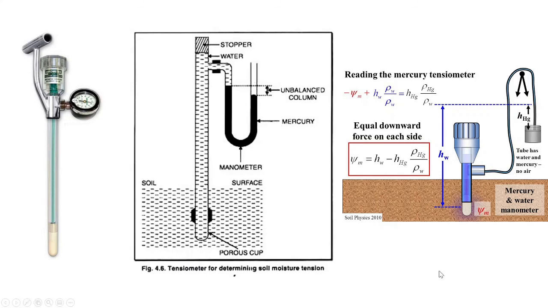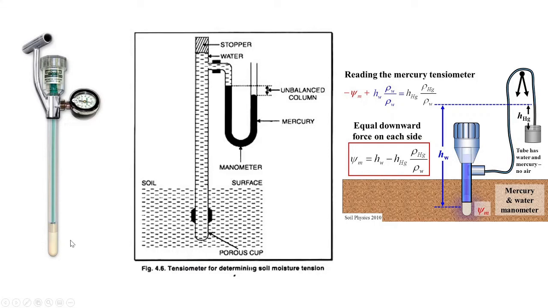So here is another different diagram of a tensiometer. You might look at it and think you have a different kind of equation, but actually it's the same type of equation. It's just that the variables they use are slightly different. So in the end, you still get the same estimation of the soil matric suction by using a tensiometer.